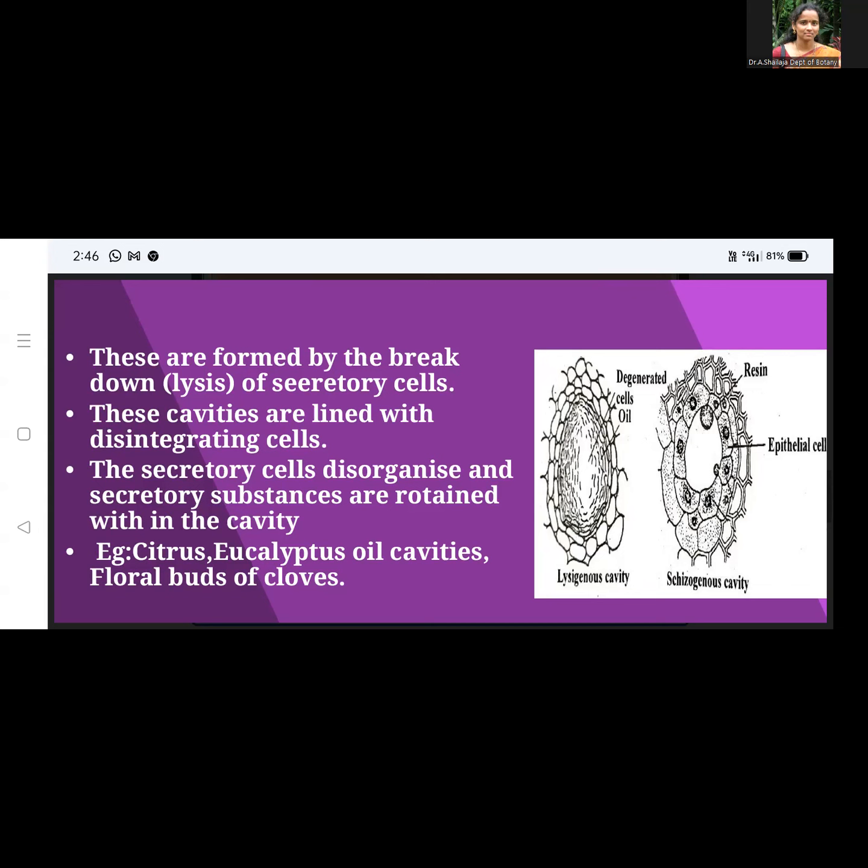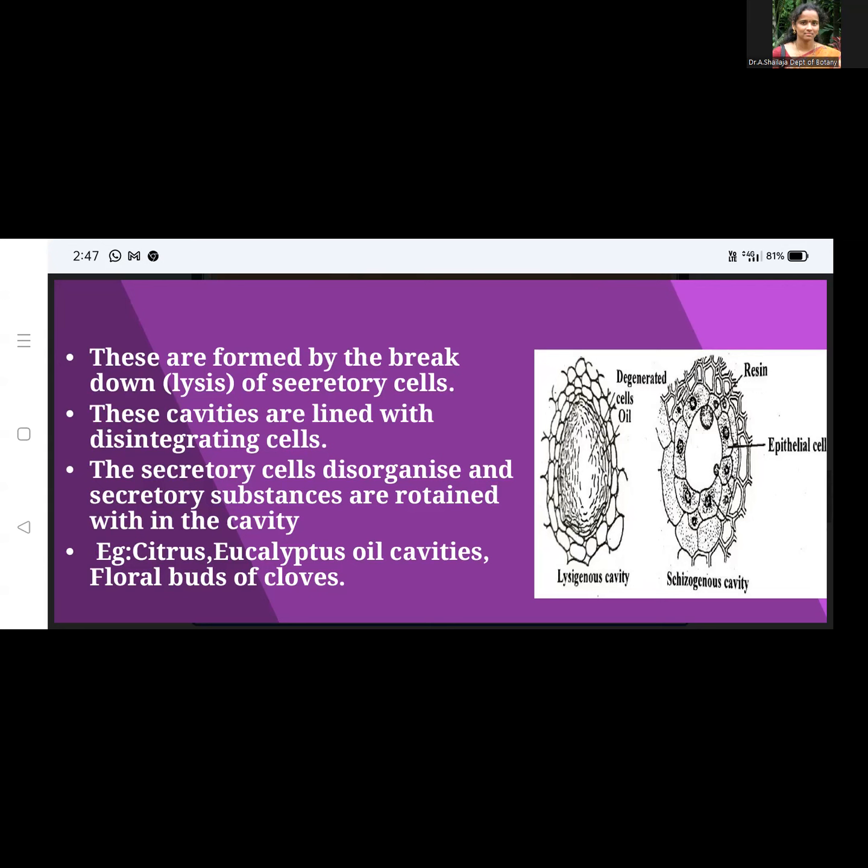When we cut citrus leaves, a special smell comes from them. That is because of the lysogenous cavities, which are formed by the breakdown or lysis of secretory cells, and the secretions of glandular cells are released into the cavity formed from such a breakdown.